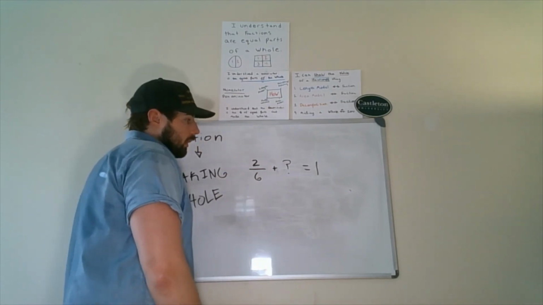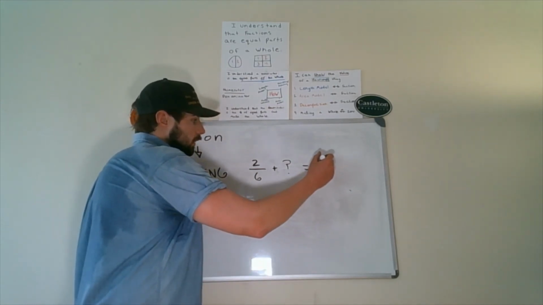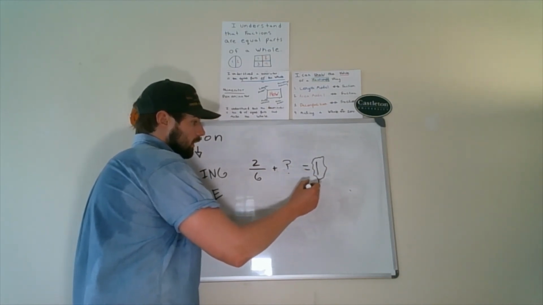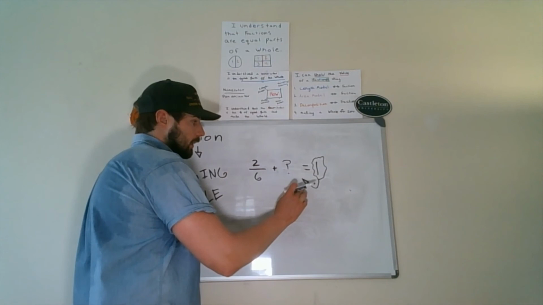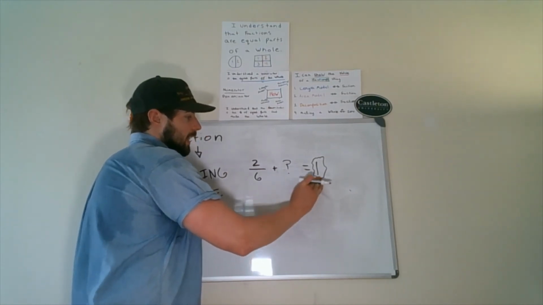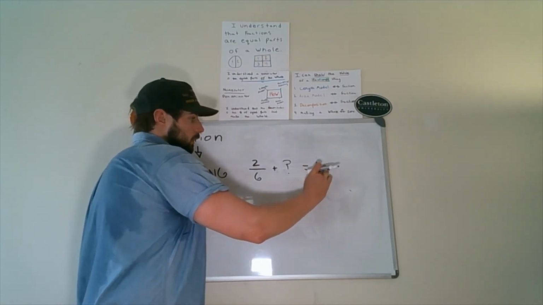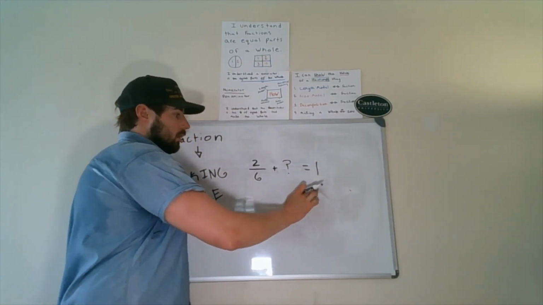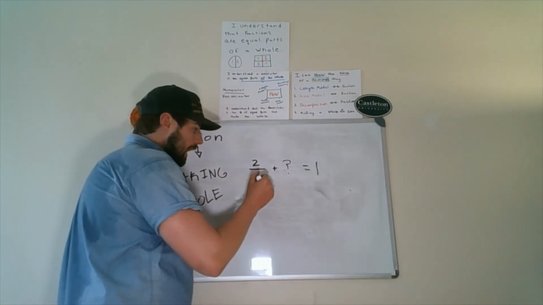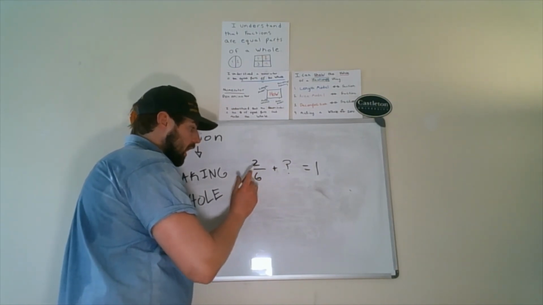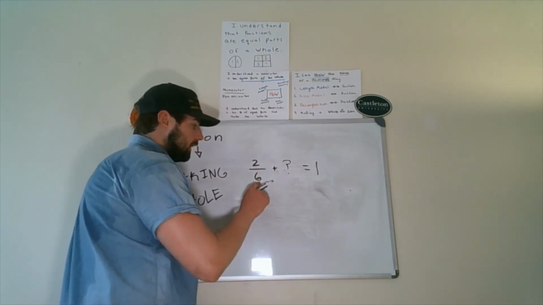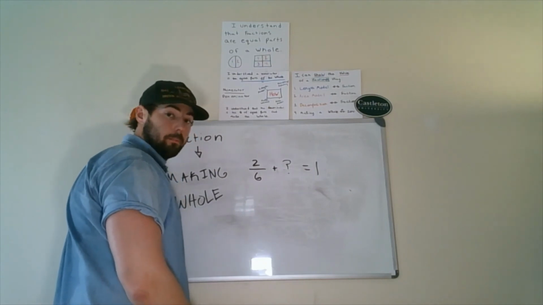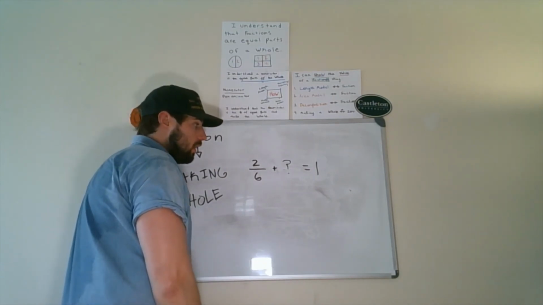Where we need to start is what this whole is before we can answer what fraction is going to make it. So we need to think how many parts will make this whole. That leads us to look at that denominator. We know 6 equal parts will make that whole.